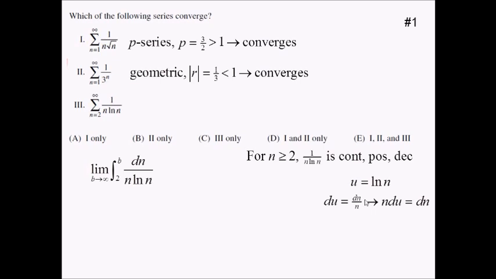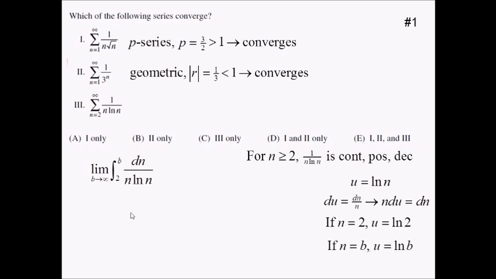I'll do these substitutions in a minute, but I also have to swap out my limits of integration here, because this is a definite integral. If n equals 2, u is going to be ln of 2. And if n equals b, that means u is going to be ln of b.